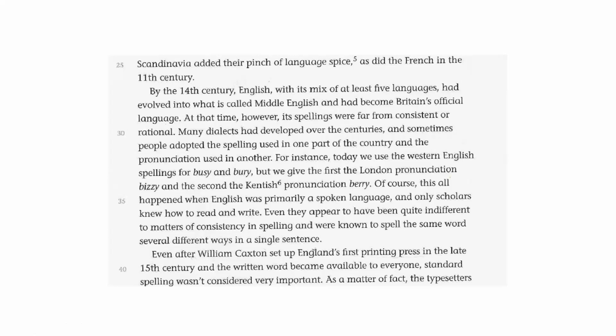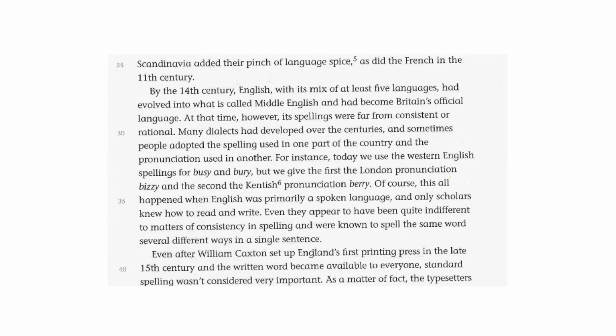By the 14th century, English, with its mix of at least 5 languages, had evolved or turned into what is called Middle English and had become Britain's official language. See how it took time? But those are the roots.